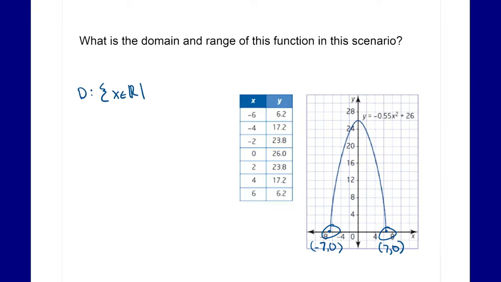So that is going to give me information for my domain. So x is going to be greater than or equal to negative 7, but less than or equal to positive 7.